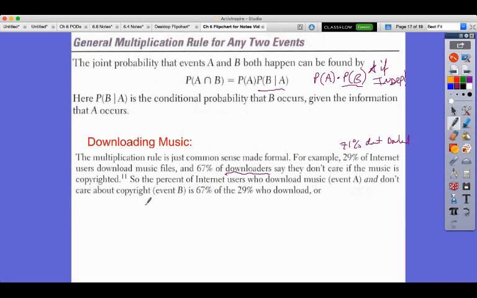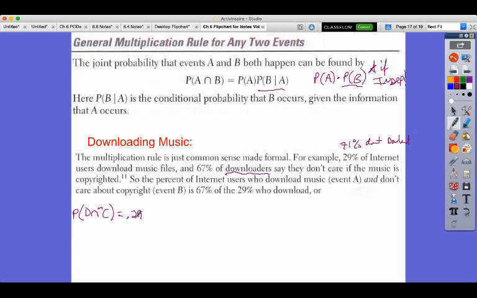But because we can say now 0.29 is the percent, so what is the probability that they are downloaders and they don't care about copyright, okay?